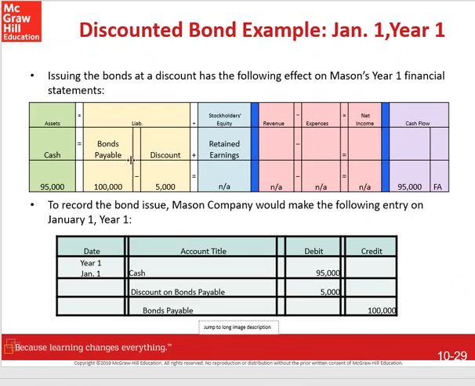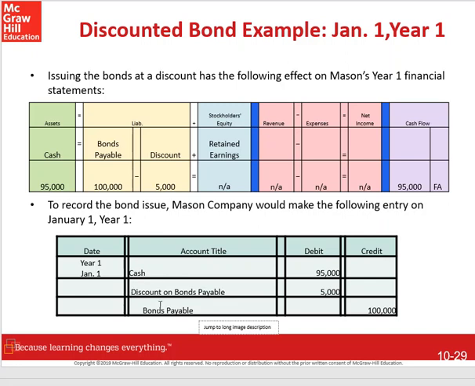So at the issue date, here's what it looks like. We're debiting cash for $95,000. We're crediting bonds payable for the full amount, $100,000, because that's what we're going to have to pay back. And that difference in between is discount on bonds payable, and it's a debit of $5,000, obviously, to make this balance. That's a new contra liability account. That's a new term, a contra liability.